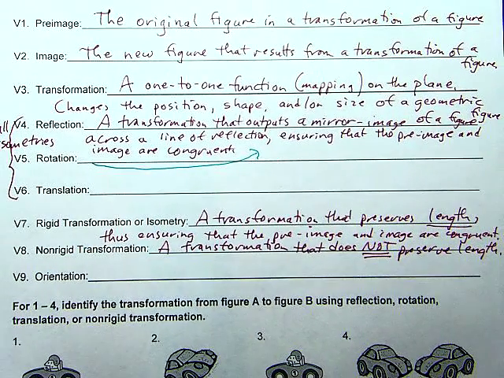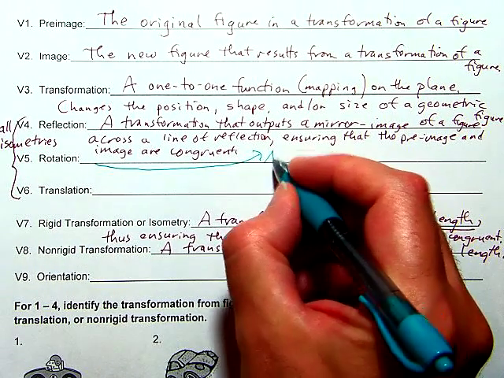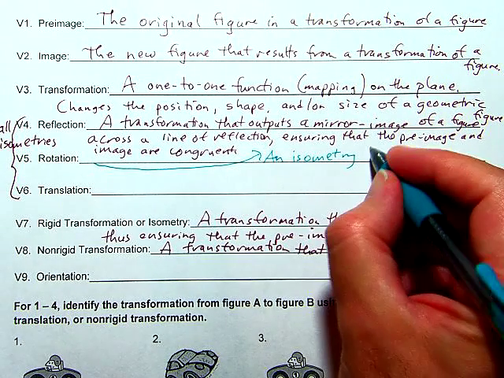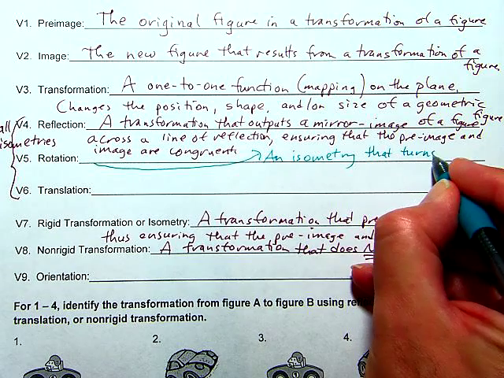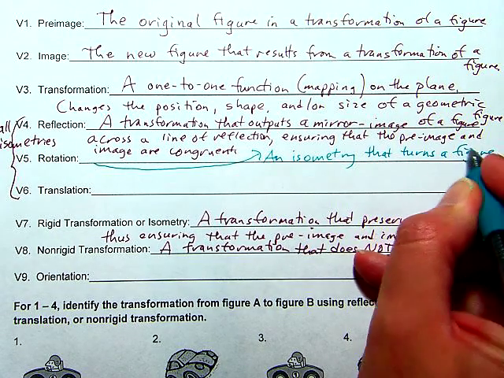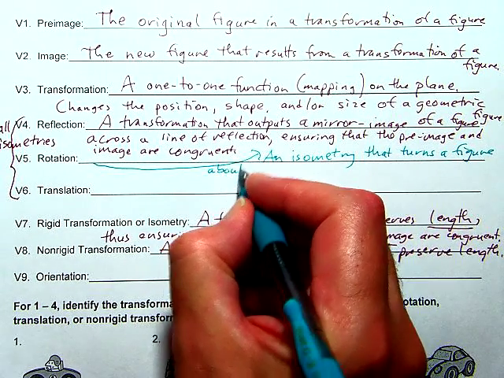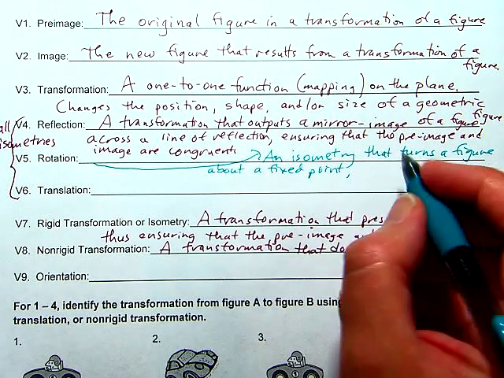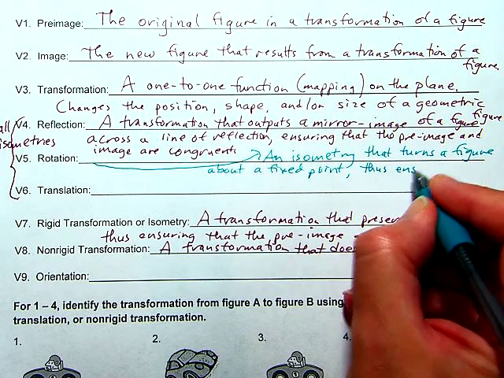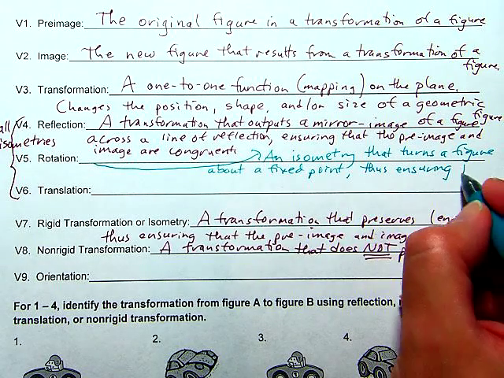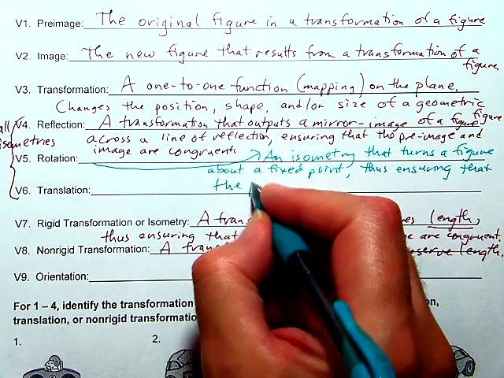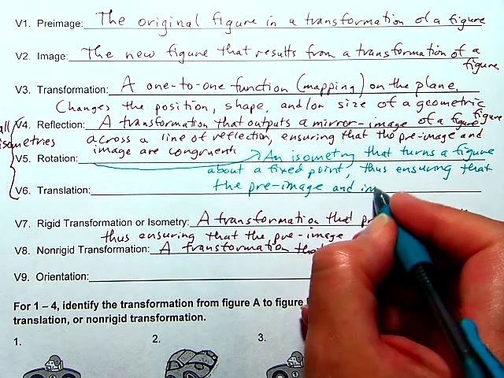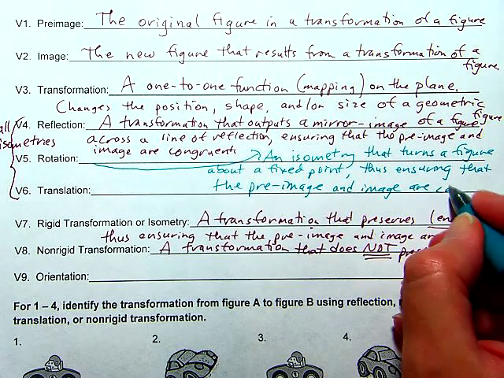A rotation is an isometry that turns a figure about a fixed point, thus ensuring that the pre-image and image are congruent.